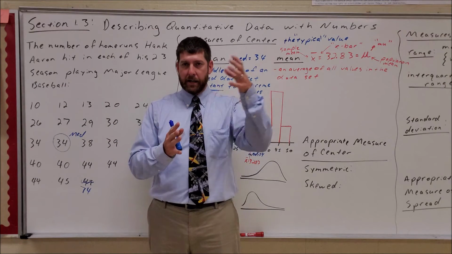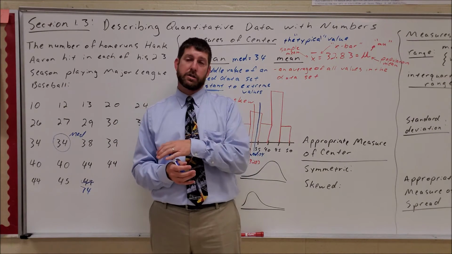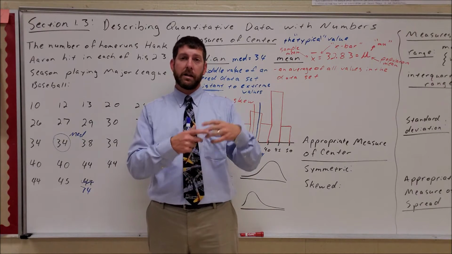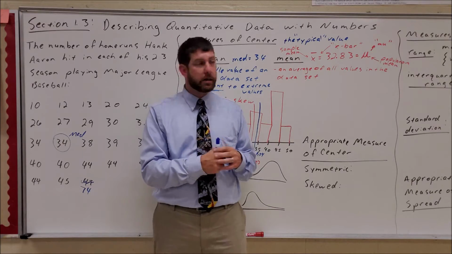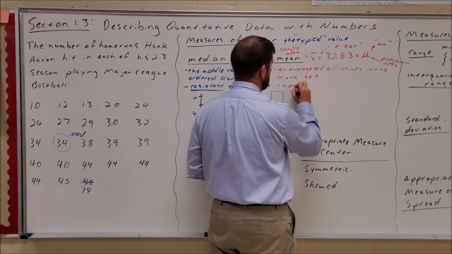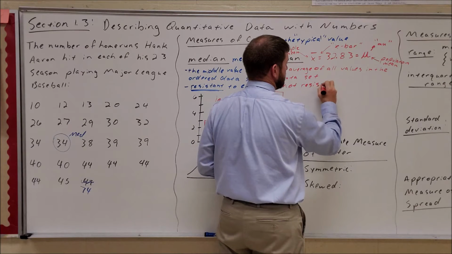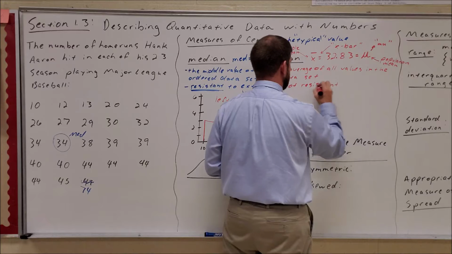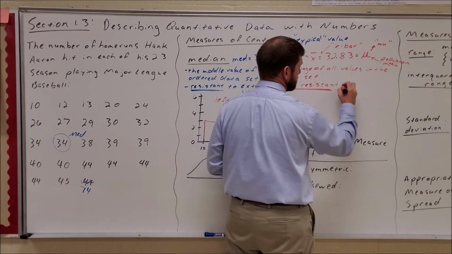Because mean is just a manipulation of the sum of the values, my mean would actually increase in this case. So what we say is that mean is not resistant to extreme values.